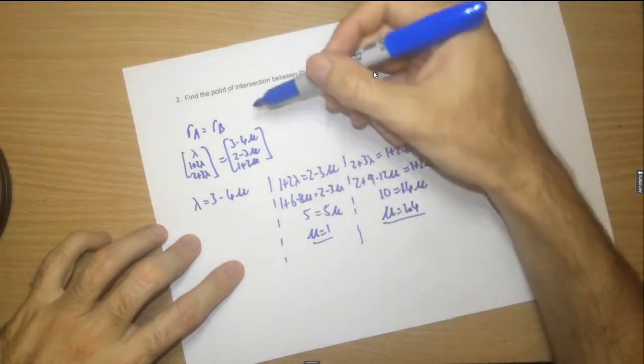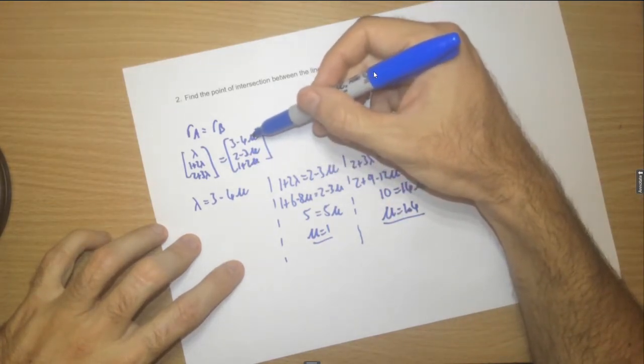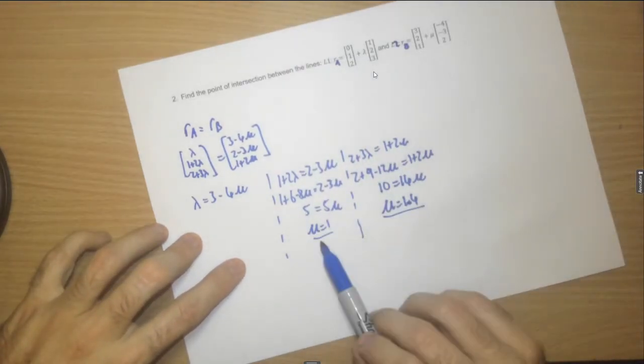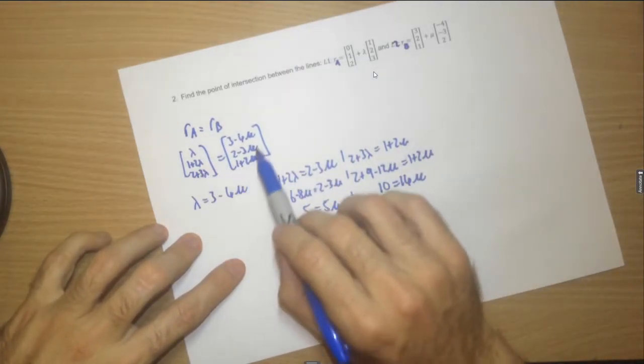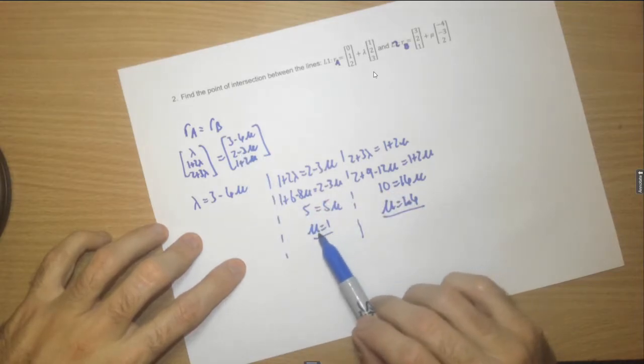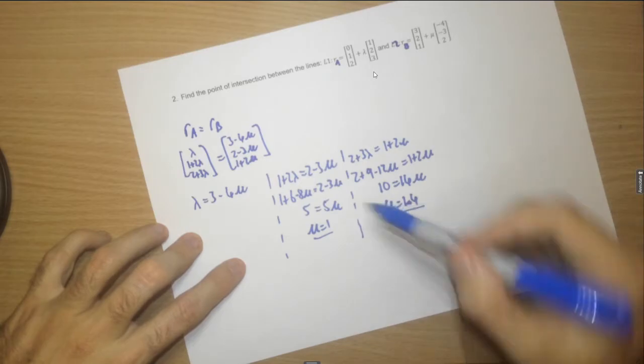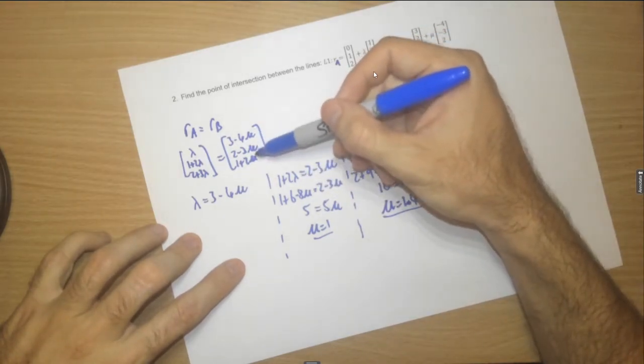Now notice that I said before that all the mu's have to be the same, all the lambdas have to be the same. At the moment we've got 2 mu's that are different. For these two lines to intersect, we need the first mu to be 1 and the second mu to be 1.4. Unfortunately, they can't do that at the same time.